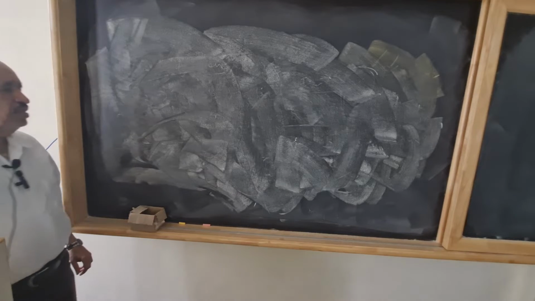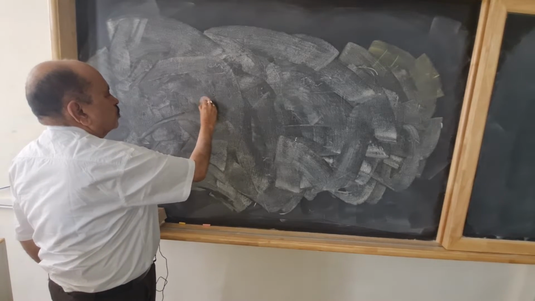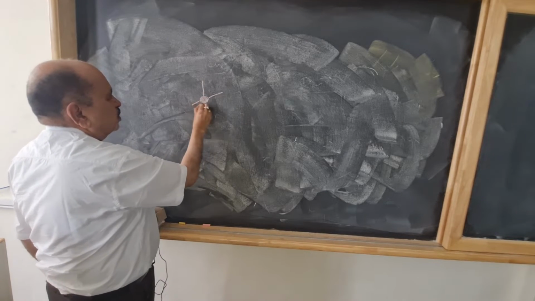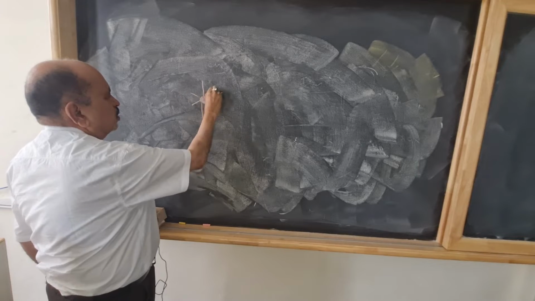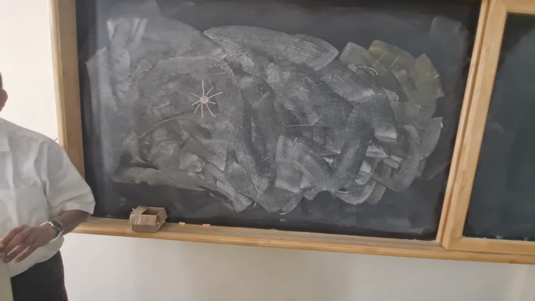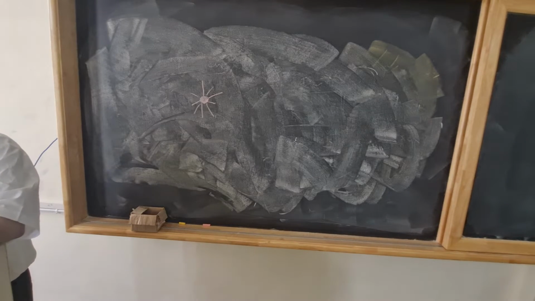So the antigen is multivalent. A very small area of the antigen combines with the antibody.